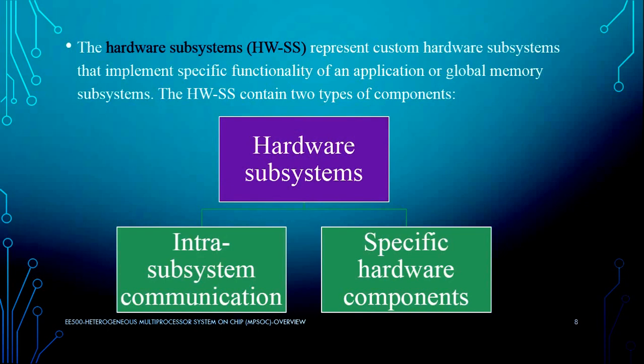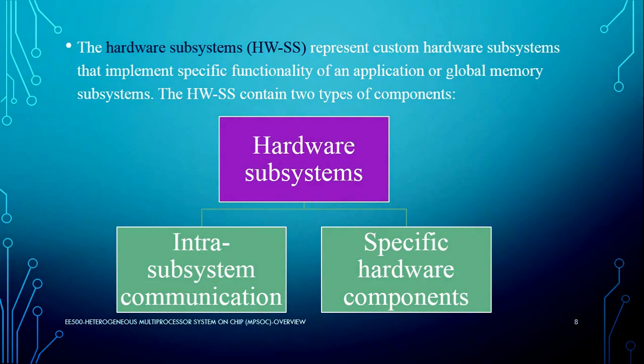Specific hardware components represent target specific components and global memories accessible by computing subsystems. What do you mean by intra-subsystem communication? These hardware components need to communicate with each other to share data, and this is done by intra-subsystem communication.